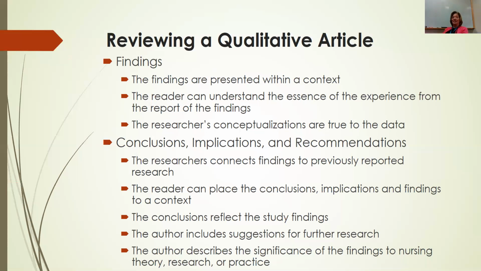That's entirely out of context. It's not what they found by their research. It's just other people's research or something they think should happen just because. So it needs to stay true to the findings. And then, of course, you need to connect it to nursing and practice. So, yeah, that's it.